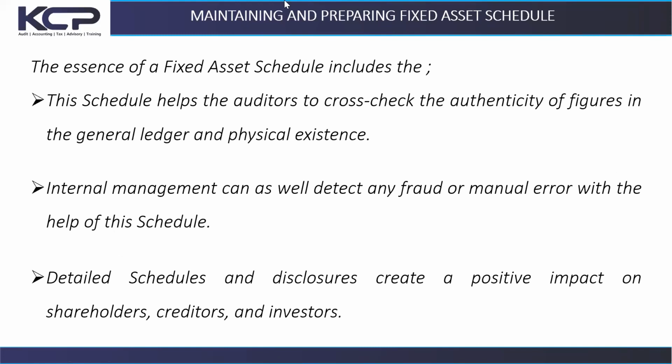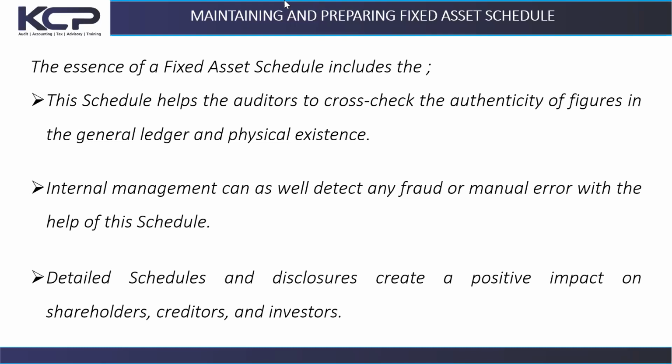So the essence of a fixed asset schedule includes: this schedule helps the auditor to cross-check the authenticity of figures in the general ledger and physical existence. So that is being corroborated with the schedule and that of the register itself. Then the internal management can as well detect any fraud or manual error with the help of this schedule.